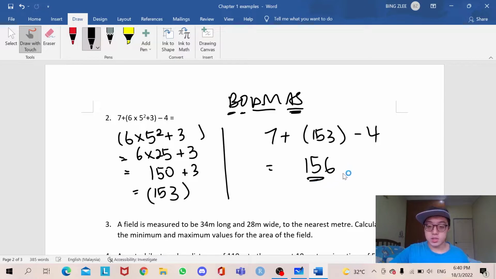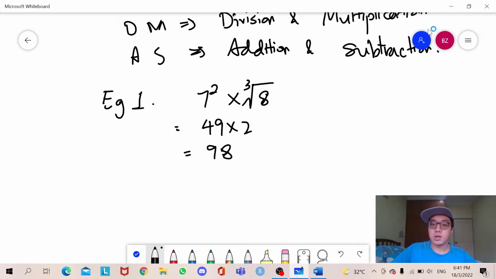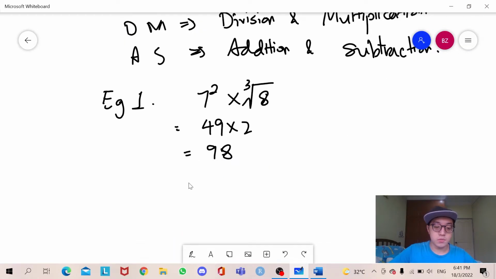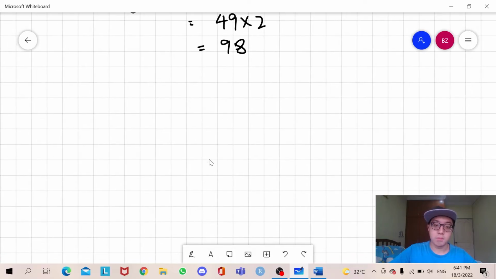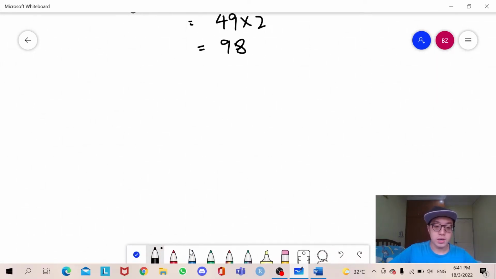So this is just a little bit of example of BODMAS, and you just need to take note of that, because it's very important. If you don't follow BODMAS, you will get a different answer. For example, when I was very young, one of my friends asked me what is 1 plus 1 times 0.